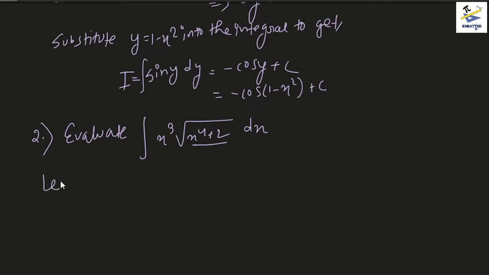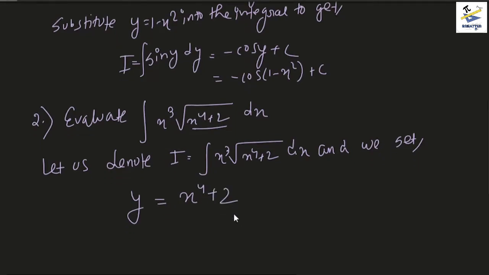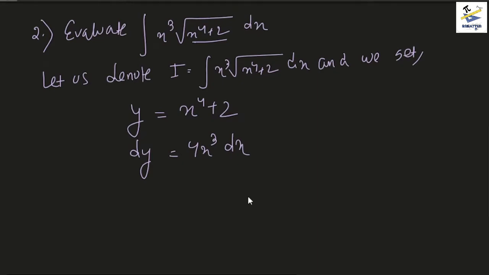What we are going to do is this: let us denote the integral by some variable capital I, which is x cube into root over x to the power 4 plus 2 dx, and we set y equals x to the power 4 plus 2, because when we differentiate both sides, what we get is dy equals 4x cube dx, right?